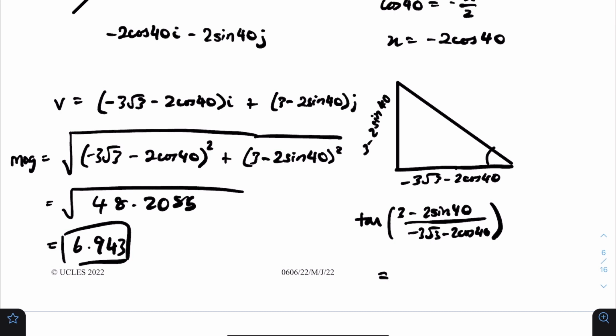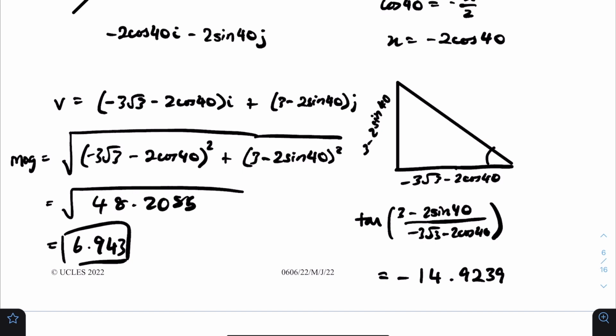So we have tan of 3 minus 2 sine 40 over negative 3 root 3 minus 2 cos 40, all right, and we get negative 14.9239 degrees.